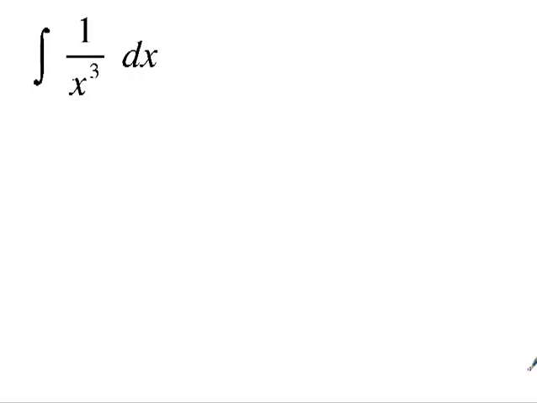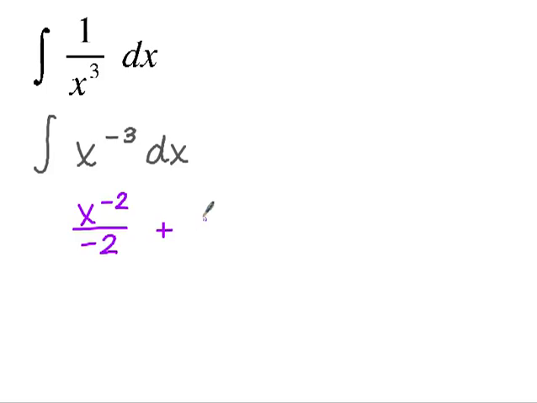Alrighty, let's look at this one. Now this one's a little different because it's in the denominator. So no, you don't just add it in the denominator. We have to rewrite this. And how can we rewrite it? X to the -3rd. So I'm finding the integral of x to the -3rd dx. No, x to -2. Yep, x to the -2. X to the -2nd over -2nd, and we're going to add c, but you know I'm not going to let that fly because of the negative power.